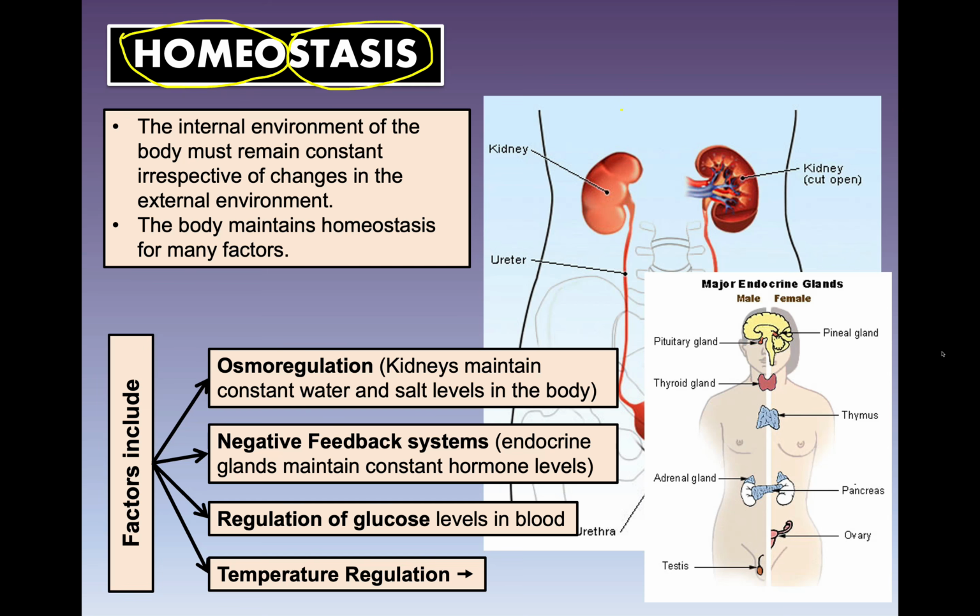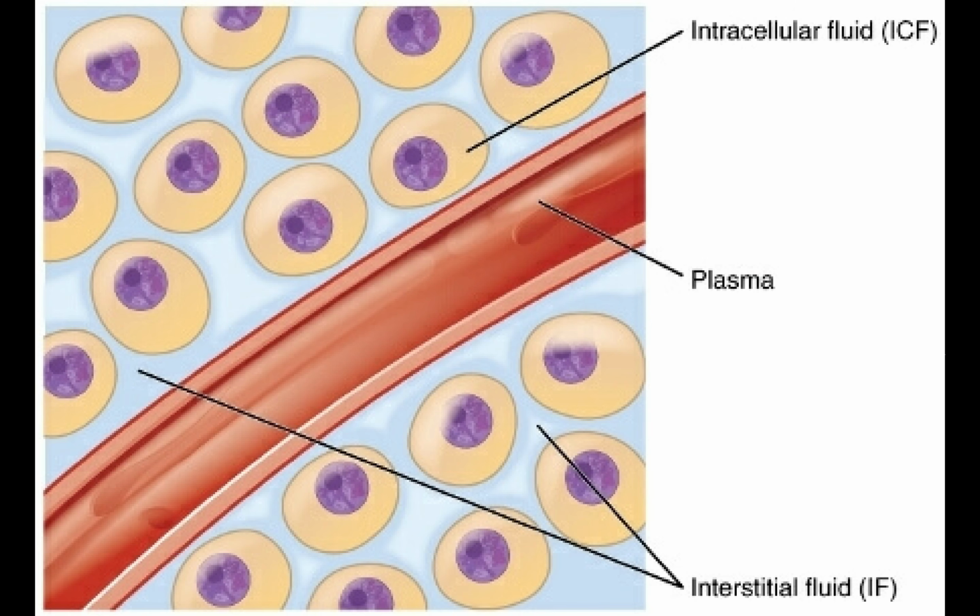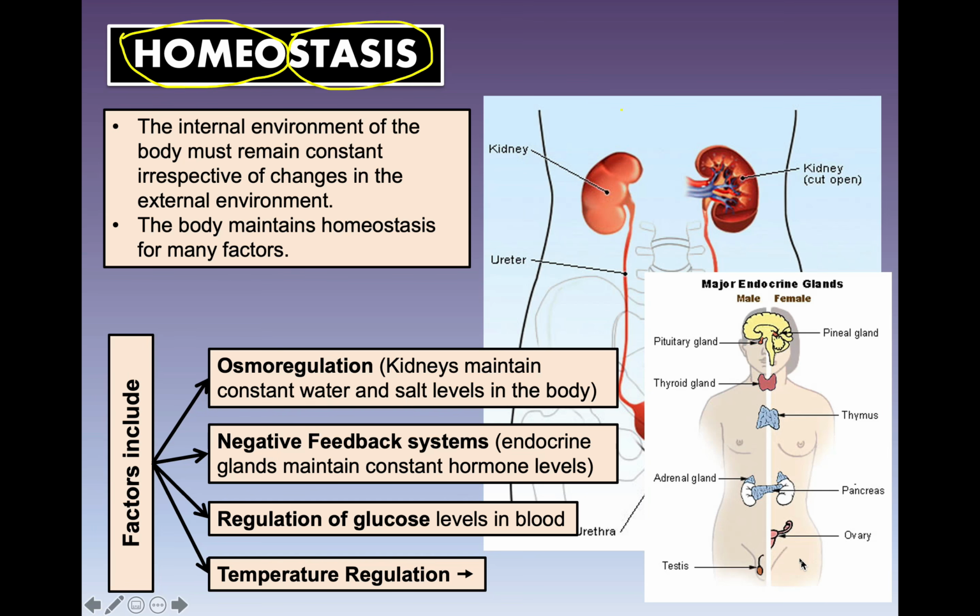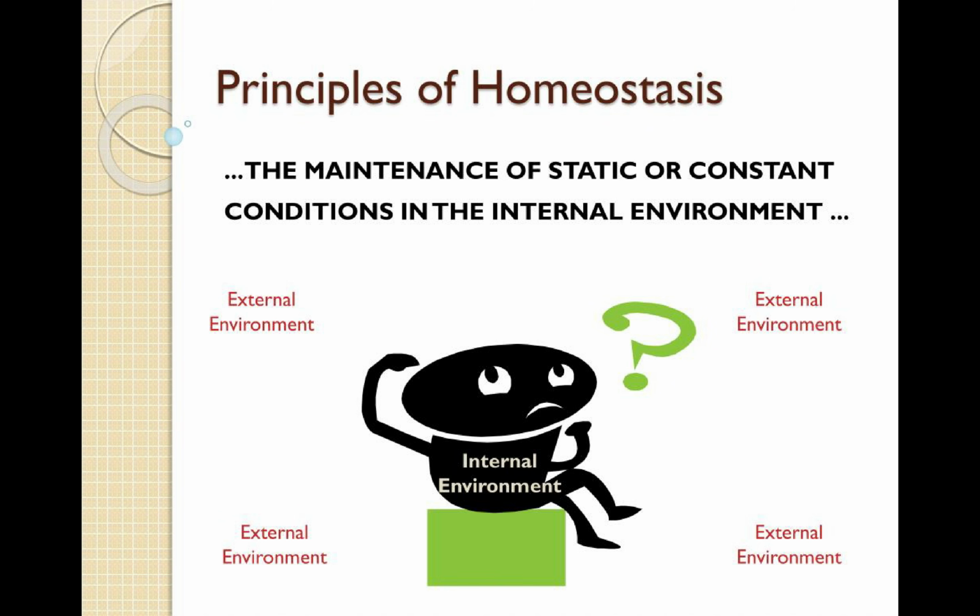In other words, the cells are living within this tissue fluid, and whatever must be kept constant must be kept constant in the tissue fluid. Important for the body. Why? Because it enables the body to function efficiently, even though there might be changes occurring in the external or internal environment of the body.